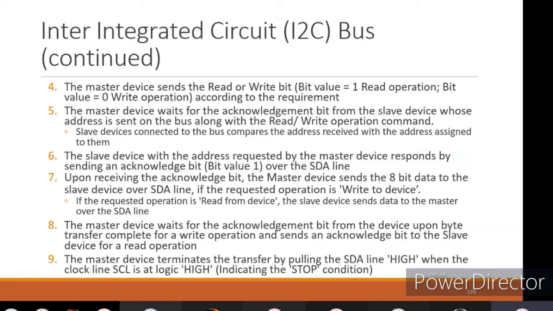The master device terminates the transfer by pulling the SDA line high when the clock signal SCL is at logic high, indicating the stop condition. Whenever SDA and SCL both are high, then it has to stop the transmission.